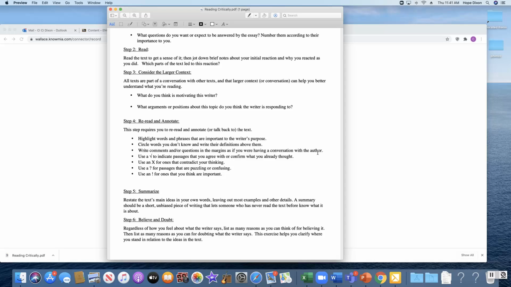Understand that a summary is short and it is unbiased. You never use I in a summary because it's not about what you think. It is about stating what someone else thinks.